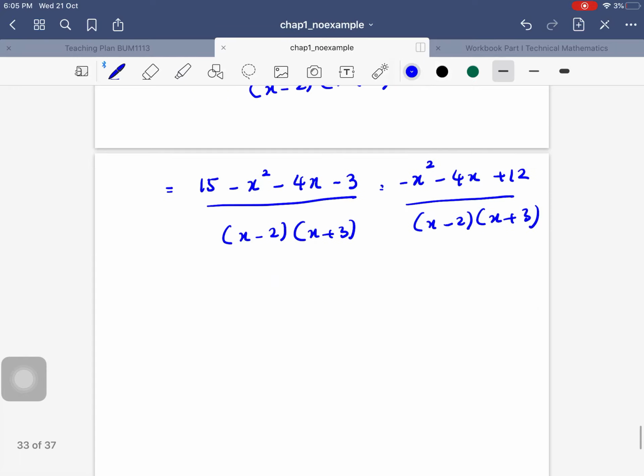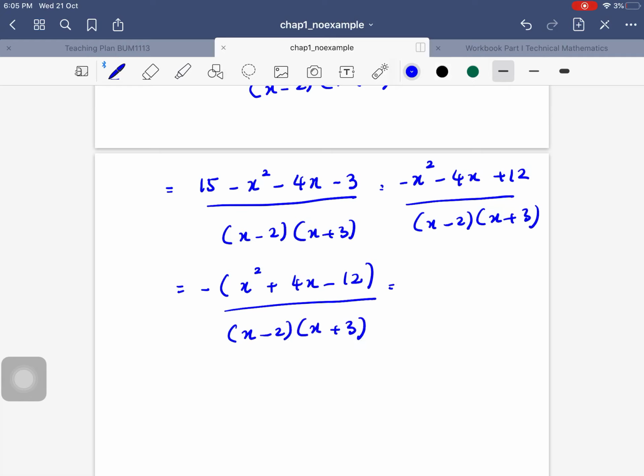I had a feeling that this is going to be a bit long, because at the top here I can actually factorize it. I can write this as negative x squared plus 4x minus 12, and at the bottom x minus 2 times x plus 3. And let's see what we can do with the top one, because the top one is actually reducible. So this can be written as x plus 6 multiplied by x minus 2.